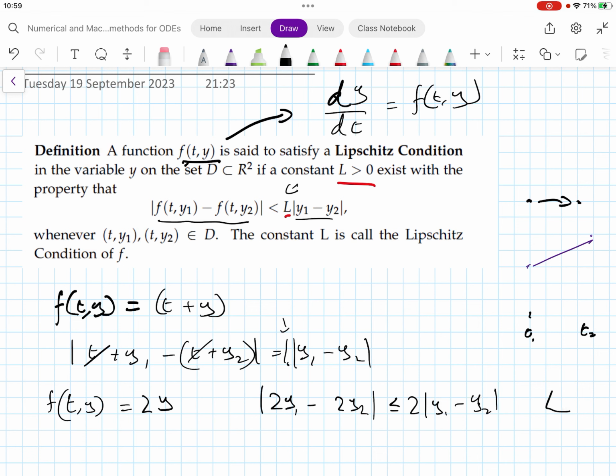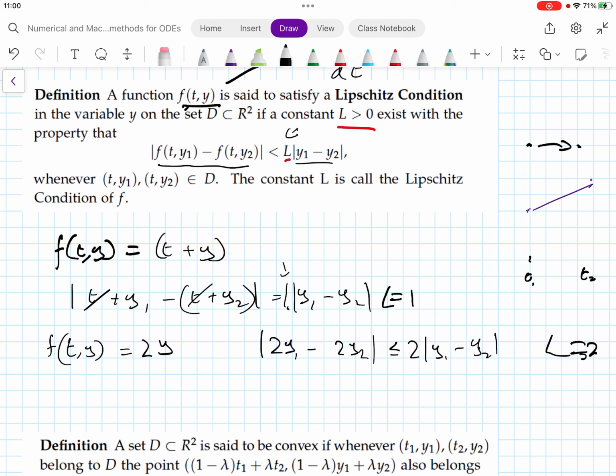So here L is equal to 2, here L is equal to 1. Now, as they become more advanced, and we do in class, you have to do a bit of jiggery-pokery. But really what it's saying is, you have a bound on your solution. You cannot do an infinite jump within the domain you're interested in.